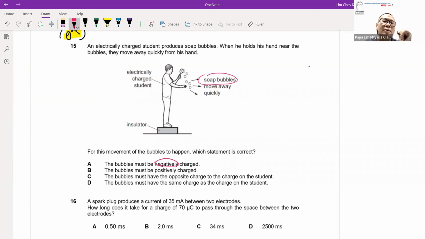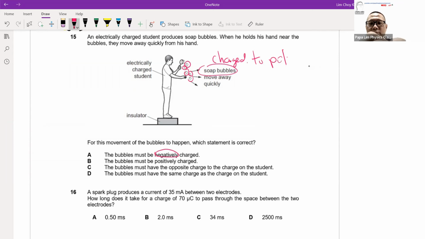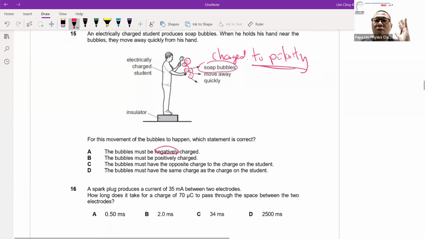But one thing confirmed is that regardless of positive or negative charge, the soap bubbles, the fertilizer bubble, or even car spray paints move away from each other because the moment they leave the system, these bubbles are charged to the same polarity. So all of them will be commonly positively charged, or commonly negatively charged.